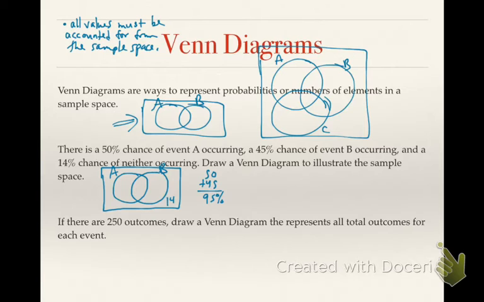But what I will have inside has to equal 100 minus 14, which is 86%. That's going to tell me what my overlap is going to be. So if I subtract these two things, 95 minus 86, I get 9%. So 9% must be my overlap.